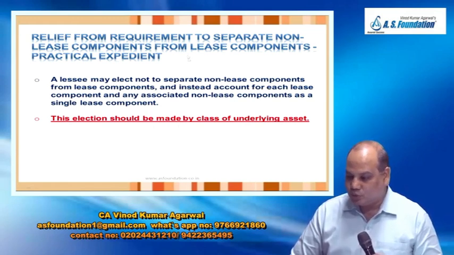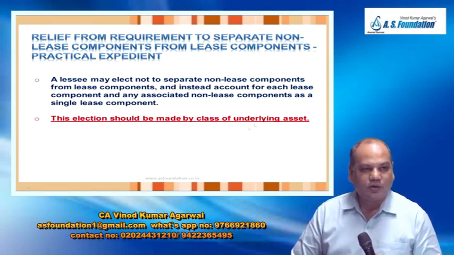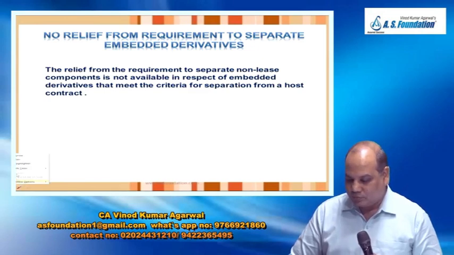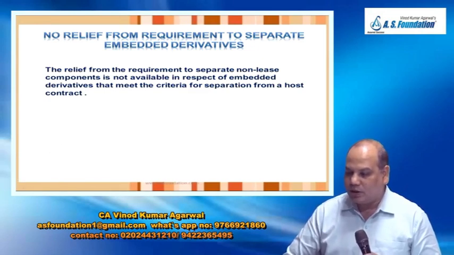If you want to use this exemption, then for all the assets of a particular class, this exemption will be applied. Now sometimes a lease may have an embedded derivative.